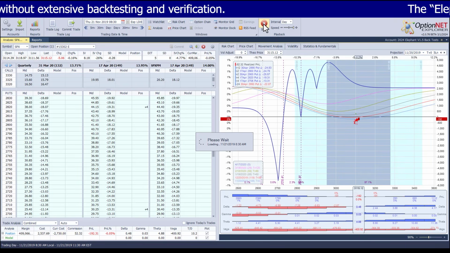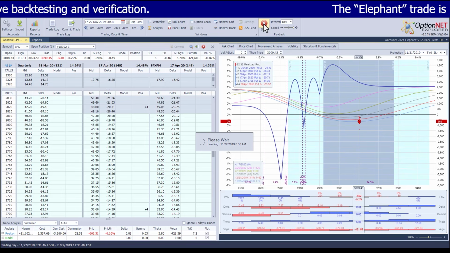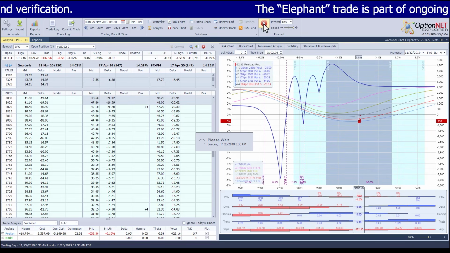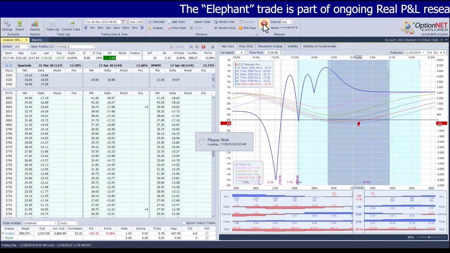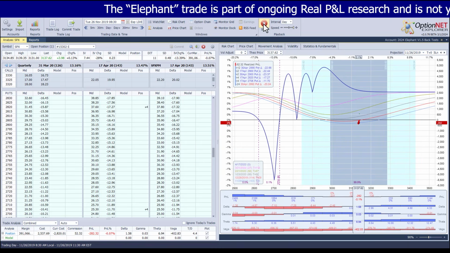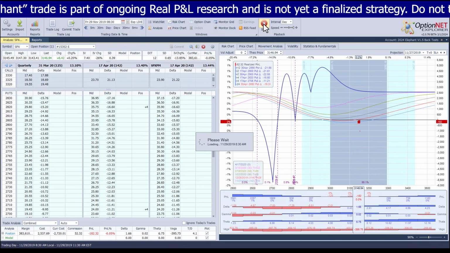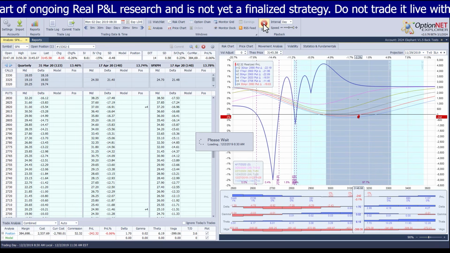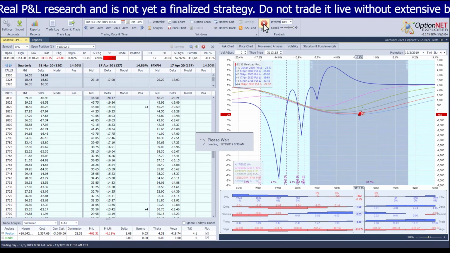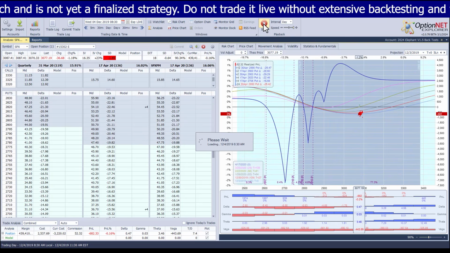Still have that negative vega, obviously. Volatility can hurt the trade. It can. Looking for $1,200.